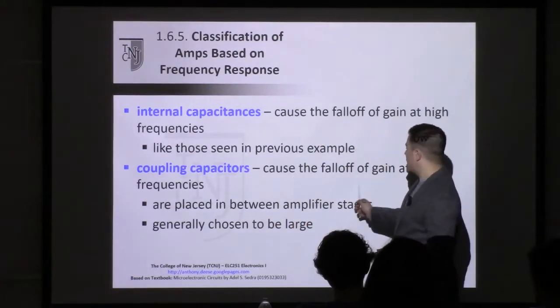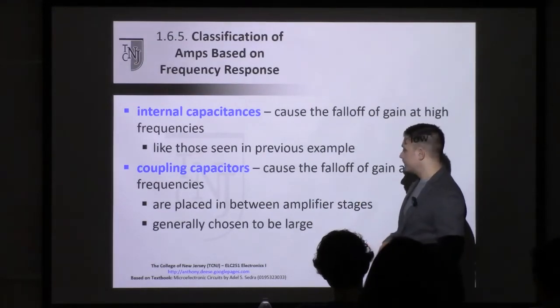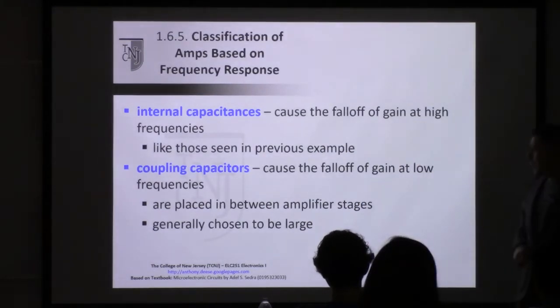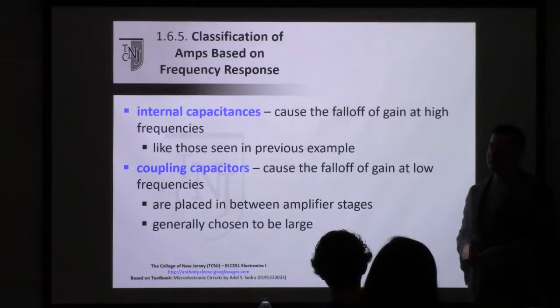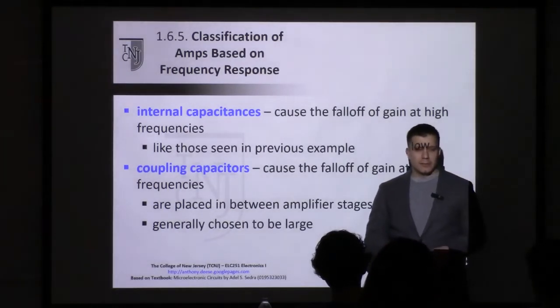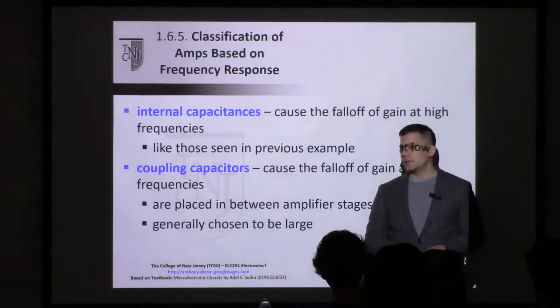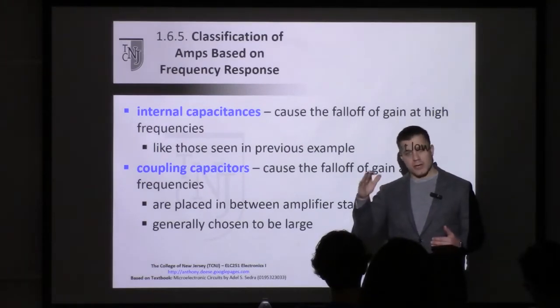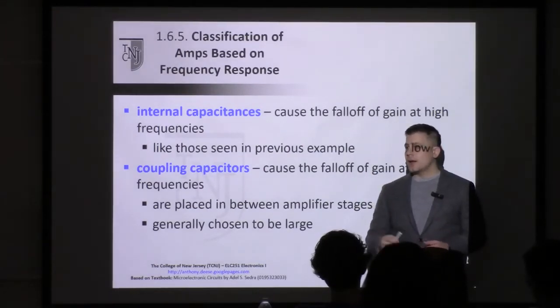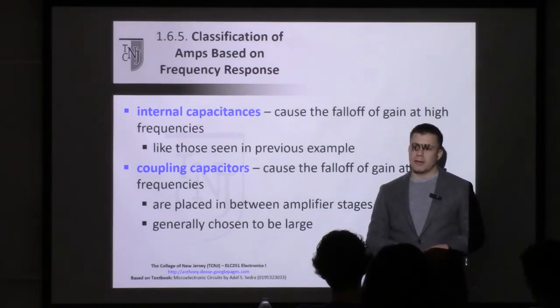It would essentially block the lower frequencies. And one reason why you would do this, does anybody know why you would want to do that? One of the main reasons you would do this is to remove DC offsets. If you have a DC offset and you want to bring it back down to 0, a coupling capacitor would allow you to do that.